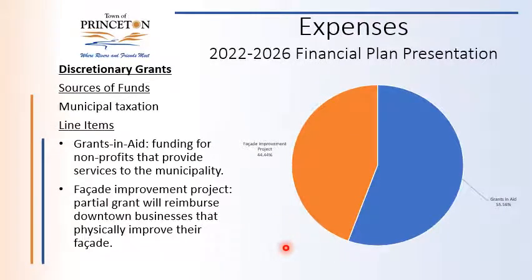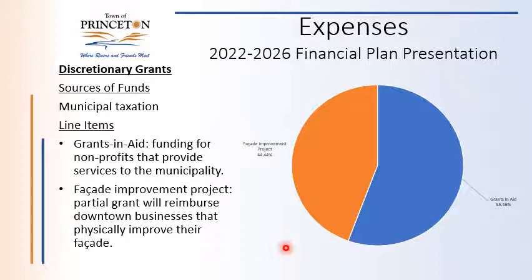Discretionary grants. Municipal taxation pays for discretionary grants. It's divided into two portions. Our grant and aid project assists nonprofits in various sectors of the nonprofit world: support for vulnerable residents, sports programs, arts programs.